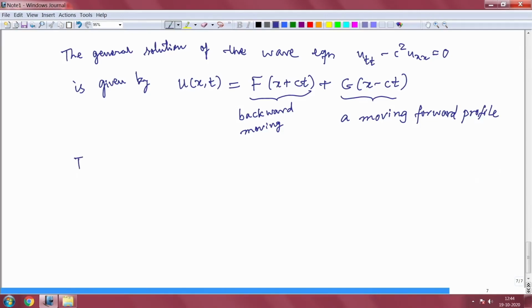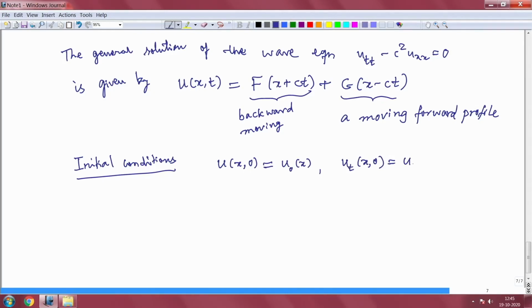So, let me just write the initial conditions. u(x,0) equal to u_0(x) and u_t(x,0) equal to u_1(x). So, here we have taken t equal to 0 as the initial time.